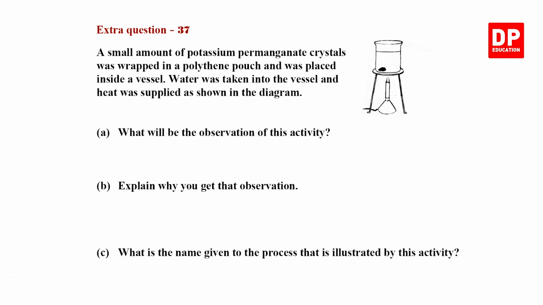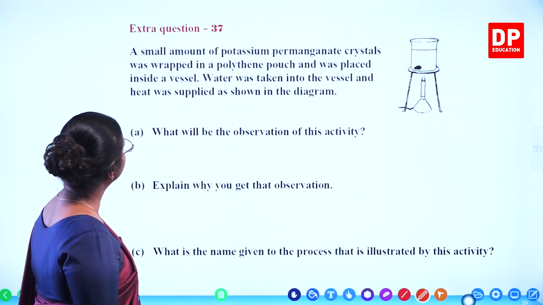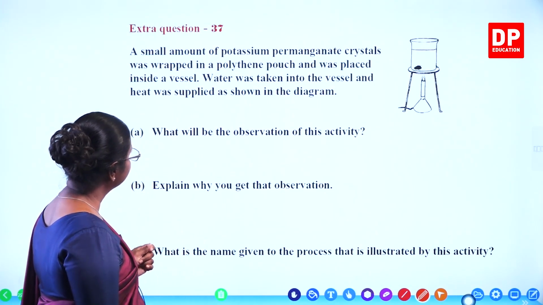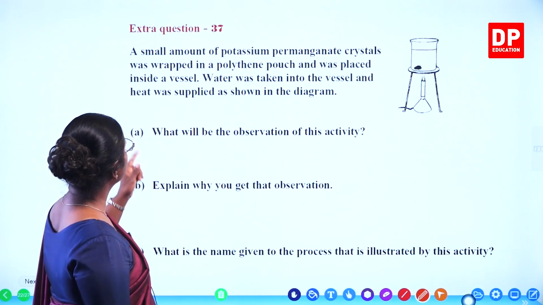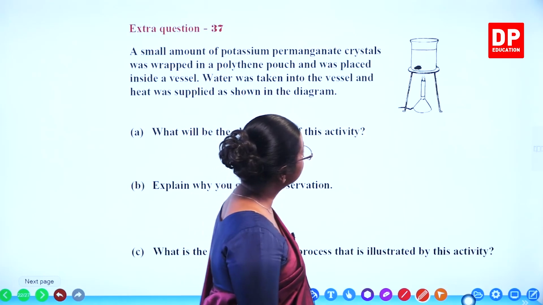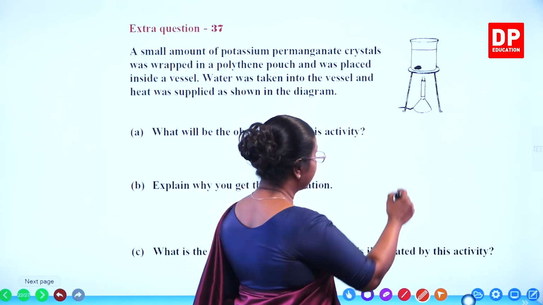Extra question 37. A small amount of potassium permanganate crystals was wrapped in a polythene pouch and was placed inside a vessel. Water was taken into the vessel and heat was supplied as shown in the diagram. So here you can see students, we have done this activity in the lab. So you're familiar with this activity.